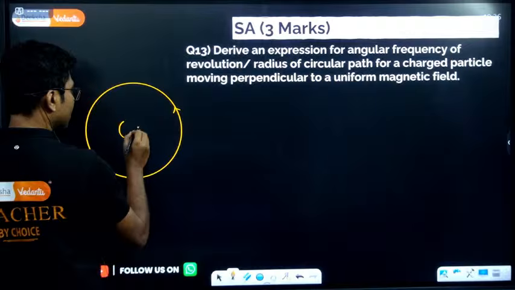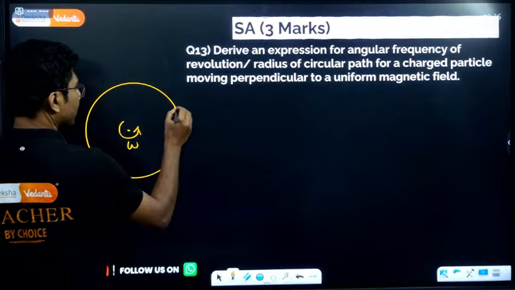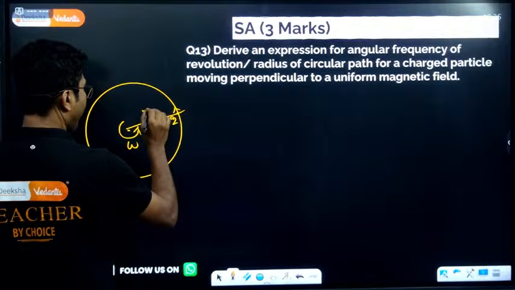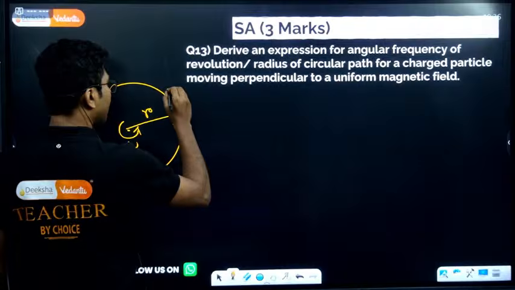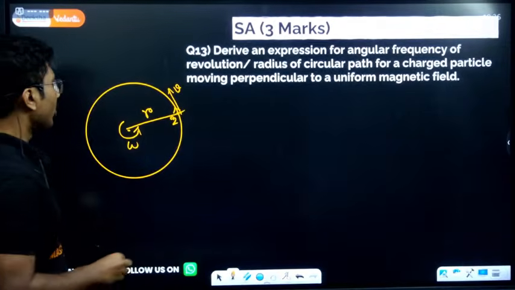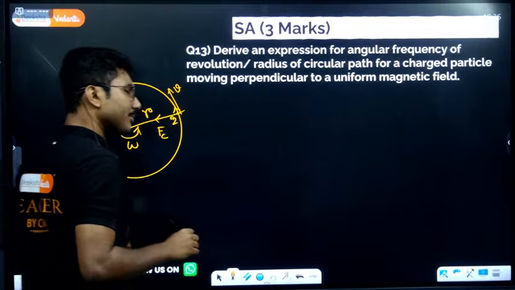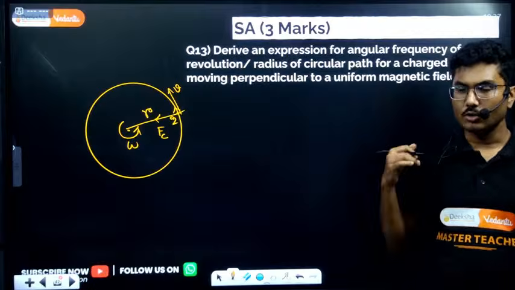Angular frequency means angular velocity, omega. Suppose this is the charged particle, this is the radius r. Either you have to find the radius, the velocity of the particle is given by v. Now whenever there is a circular motion, you always need to remember, there always has to be a centripetal force required for the circular motion to continue.